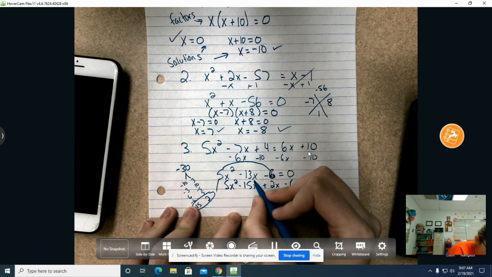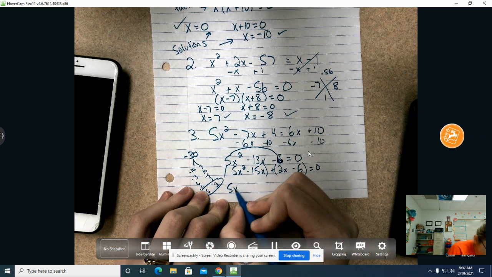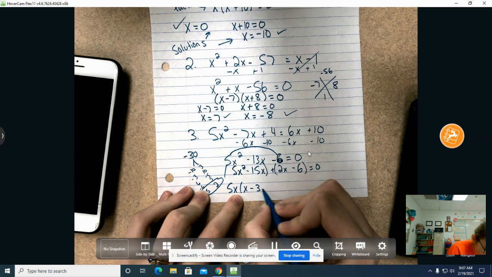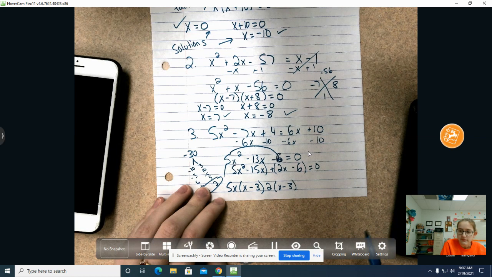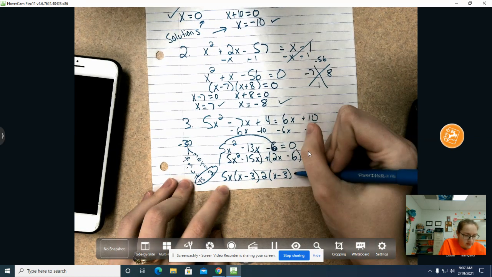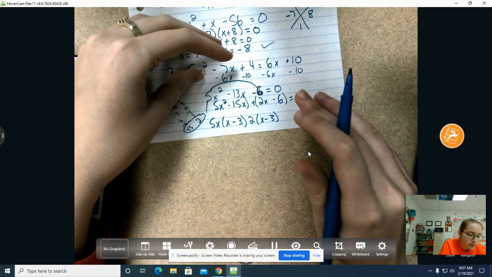And then I'll have to do my factor by grouping. So I can pull out a 5x, leaving me with x minus 3. I can pull out a 2, leaving me with x minus 3. Then I'm able to rewrite this. I'm running out of room.